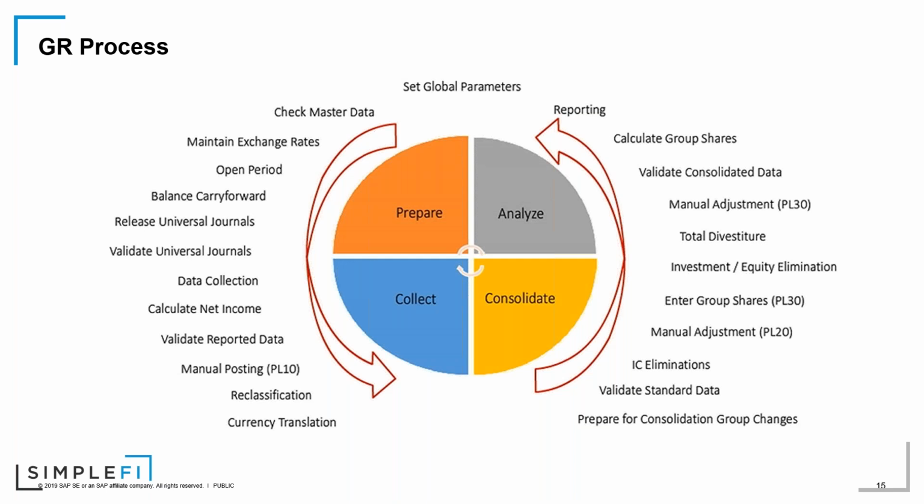You can see all the different tasks involved in terms of opening periods, validating the master data, maintaining exchange rates, collecting that data, running data validations, currency translation, making our manual postings, running our eliminations, running our consolidation of investments, revalidating, calculating group shares, what have you, and then doing our analysis on top of all that.